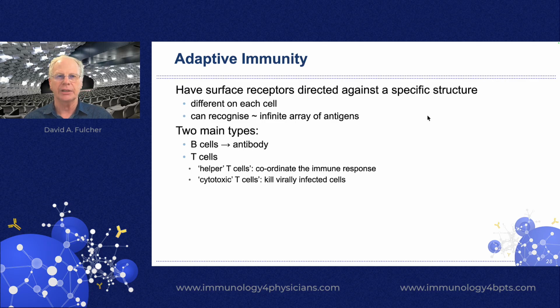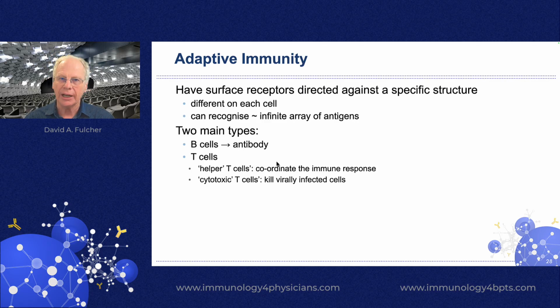So unlike the innate pattern recognition receptors, which are dealing with motifs shared by lots of different pathogens, the adaptive immune system has things like the antibodies, the B cell receptor, the T cell receptor, which will recognize specific unique structures present on just about any organism that they happen to be able to encounter.